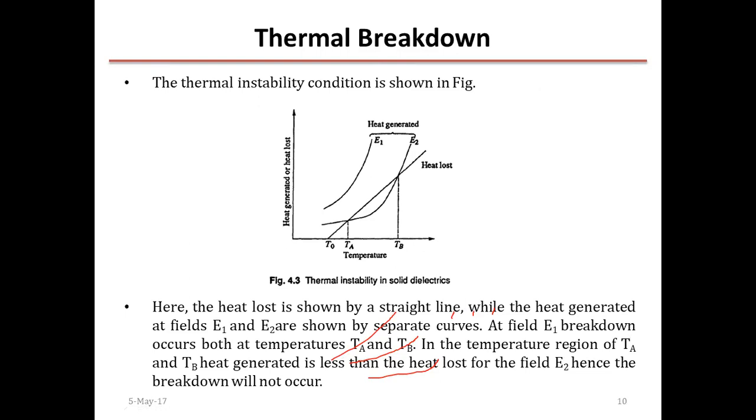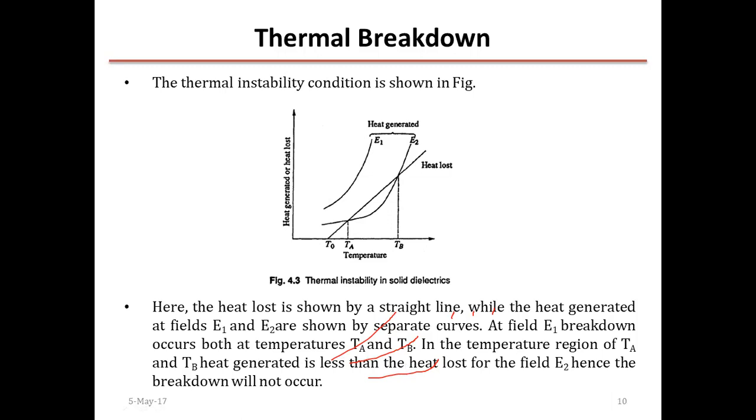Let's suppose the heat generated curves are these two, E1 and E2, and the heat loss is given by a straight line, meaning a linear curve. So we can see that here the heat loss is shown by a straight line, while the heat generated at fields E1 and E2 is shown by separate curves.